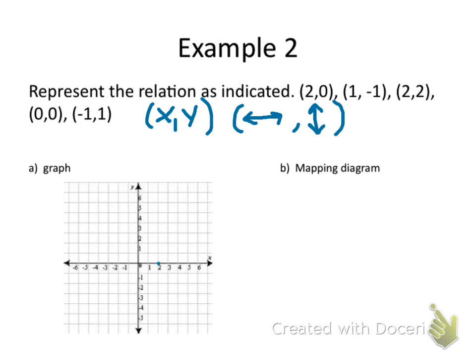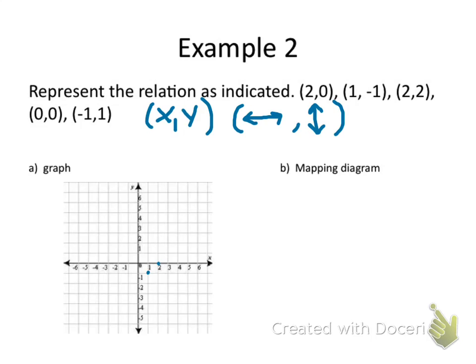Okay, so there's a point. The next one is 1, -1. So find where 1, -1 is. Starting at the origin, over to the right 1, down 1. Third one is 2, 2. So go over to the right and up 2.